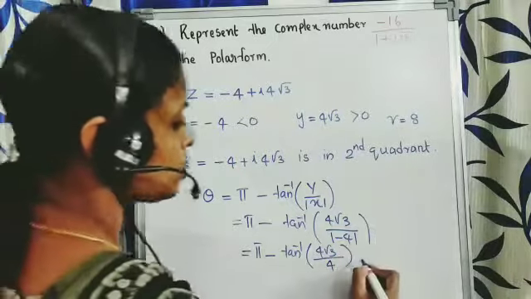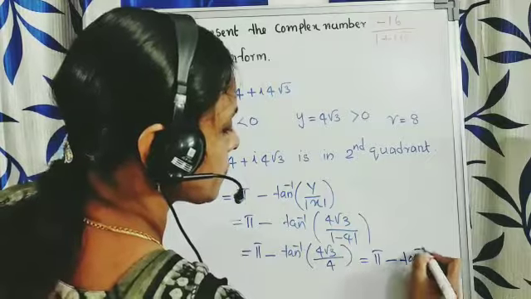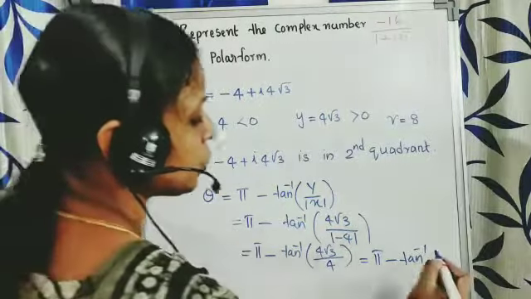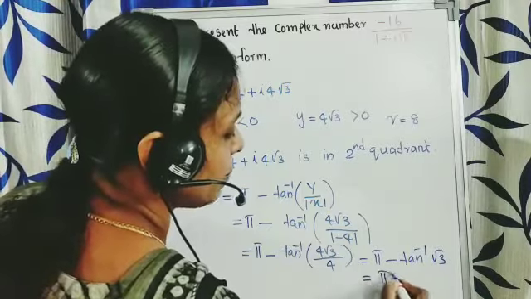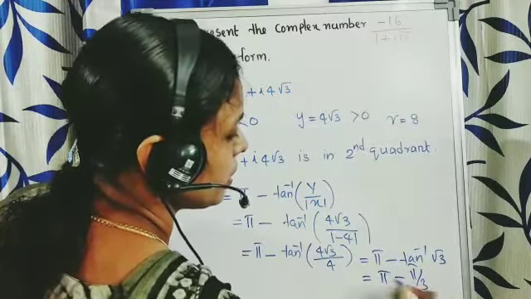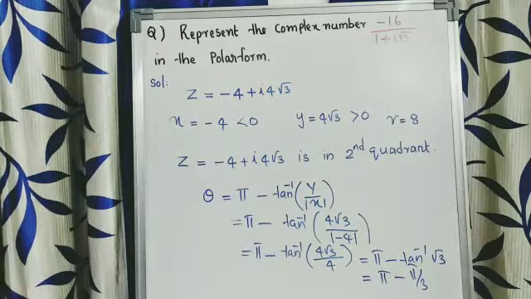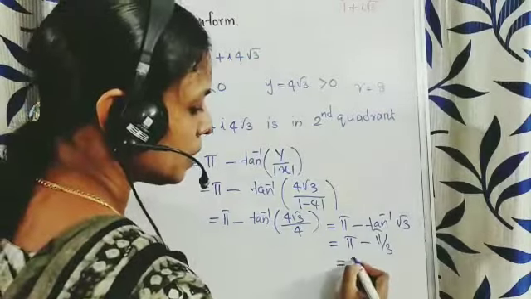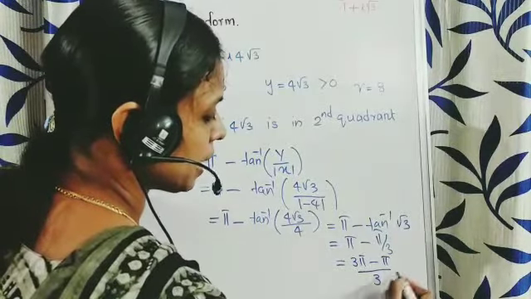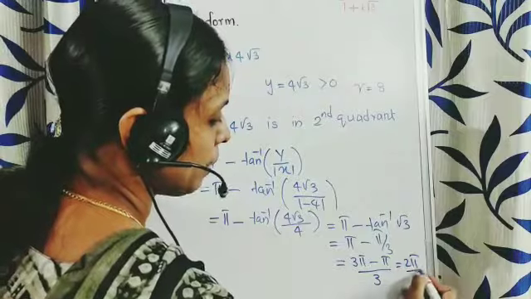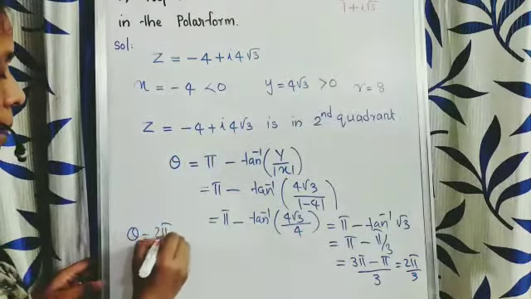Here 4 gets cancelled, we get pi minus tan inverse √3. Tan inverse √3 is pi by 3. That is equal to 3 pi minus pi divided by 3, that is 2 pi by 3. Now we get theta = 2 pi by 3.